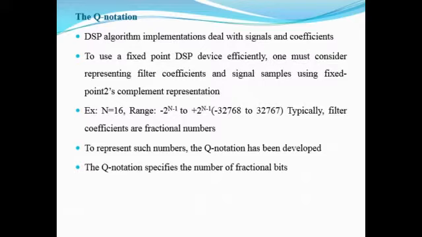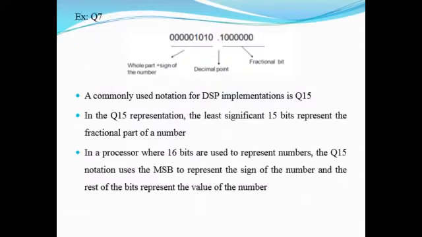To represent these numbers, we require the Q notation concept. For representing these coefficients, the Q notation was developed, and this Q notation specifies the number of fractional bits. If I look at this example, this is a Q7 format.